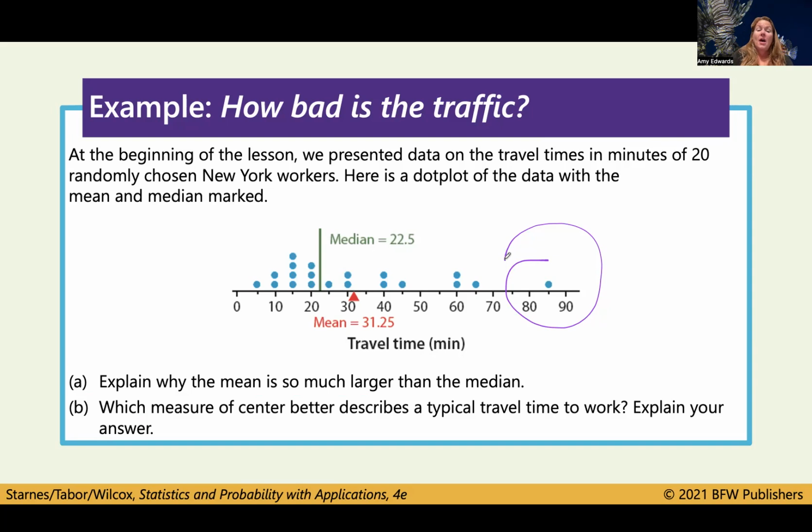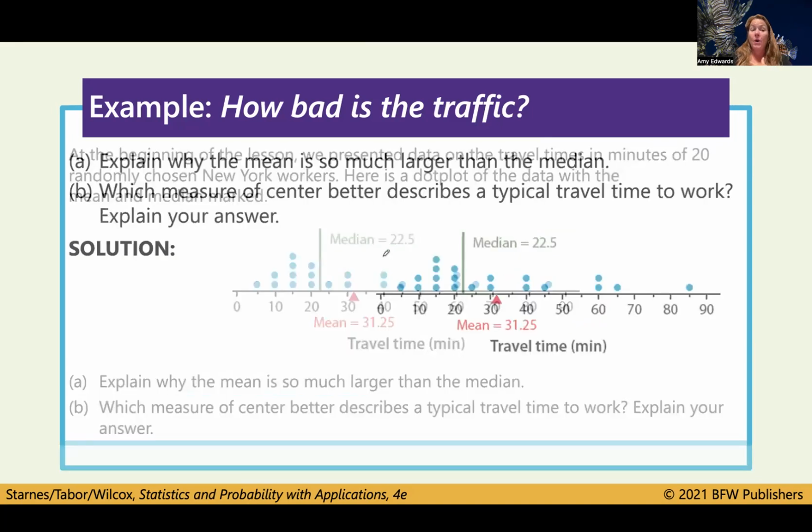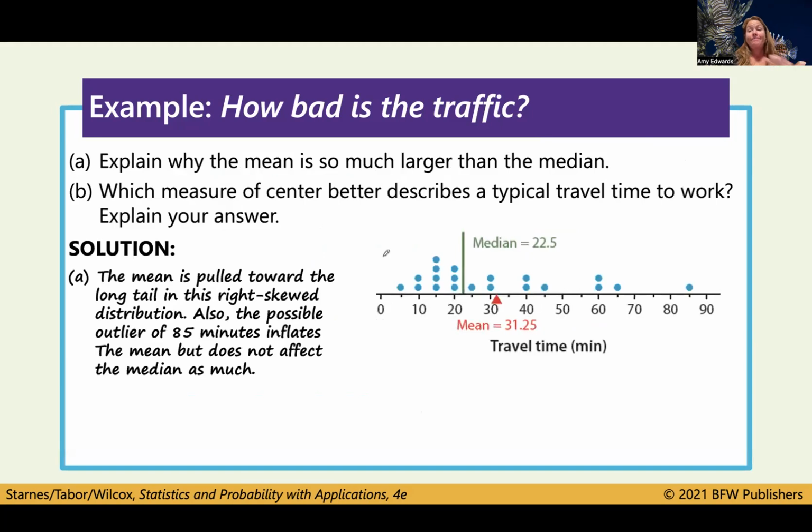So if we look here, A is asking us, why is the mean so much more than the median? Well, our answer is the mean is not resistant. And because this is being pulled right skewed, in the direction to the right, the mean is going to be greater than the median.